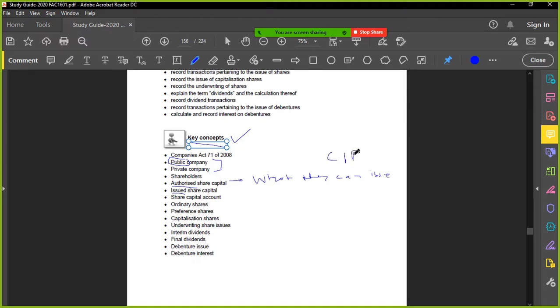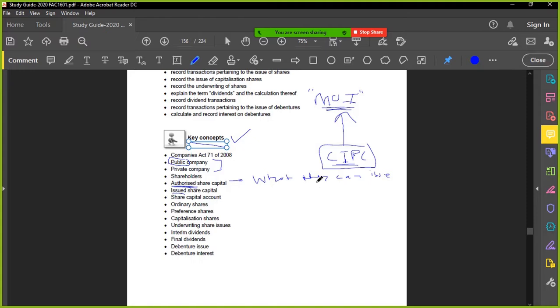And that's CIPC. So when they register, if you go deeper, you'll see there's a memorandum of incorporation. That's highlighted as part of the requirements when a company is registered. When the company is registered with the CIPC, there will be a certain amount of capital that they can issue. They don't have to issue all of it, but they can.